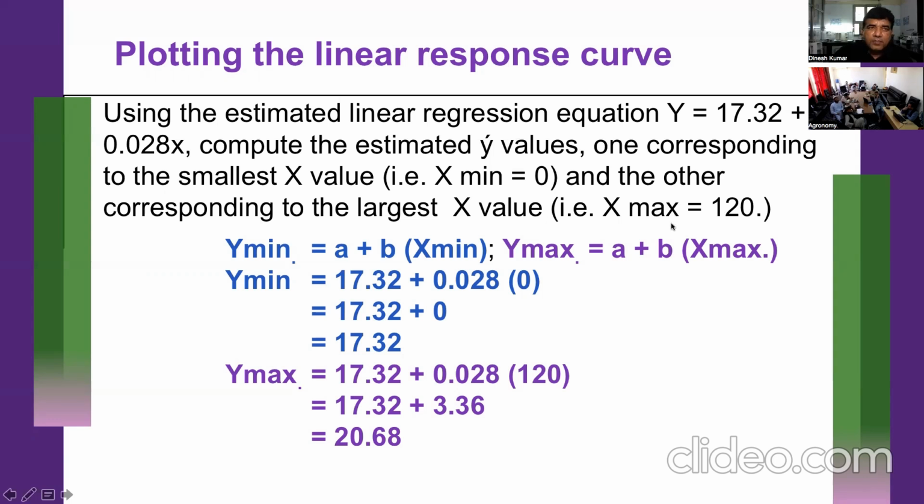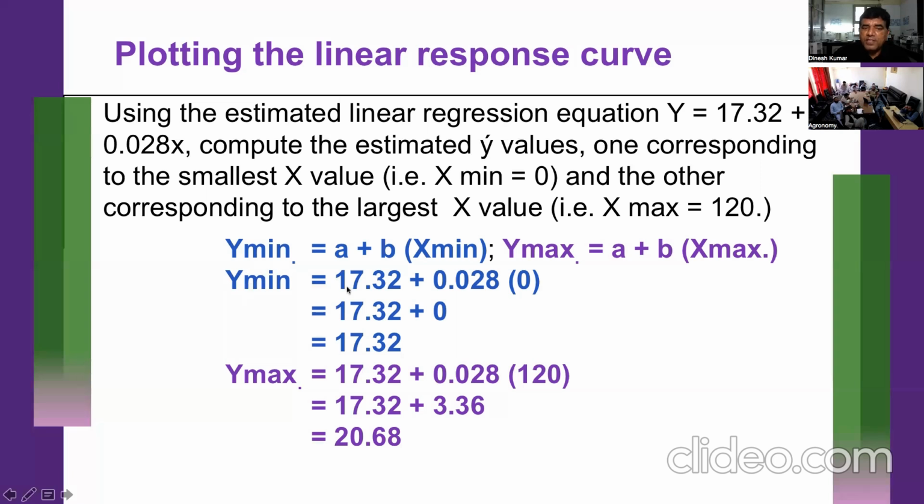Friends, whenever we plot the equation, we take the lowest value of independent variable, which was nitrogen fertilizer here. We have taken 0 as the minimum value, and highest value of nitrogen fertilizer was 120. If we take minimum value of x, then we can calculate the minimum value of y.